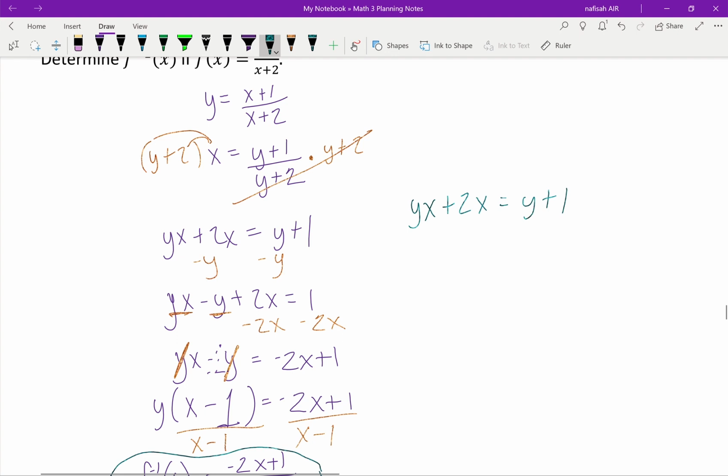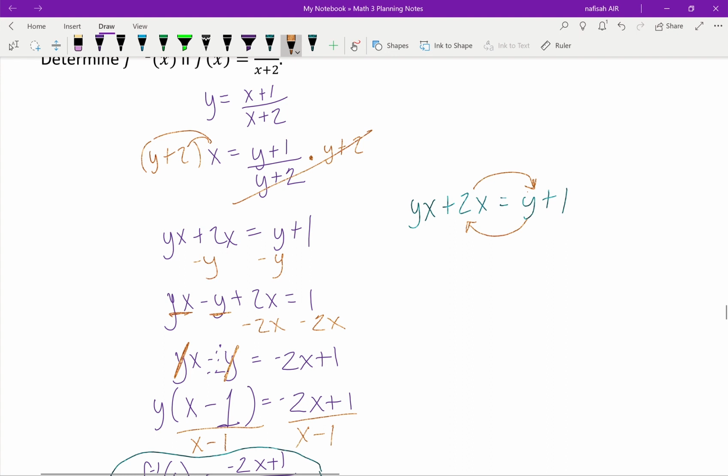Understanding that I need to move all of my y's to one side and everything else to the other confuses students. If you like, you can think about it as just switching your 2x and your y.